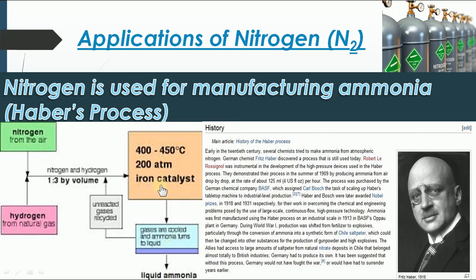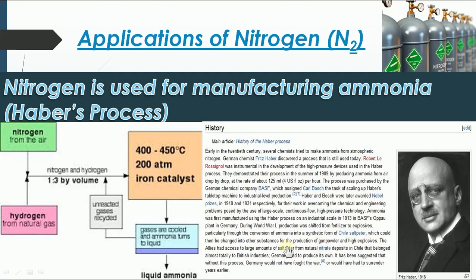So this is a very important process. You could read a small introduction about this process. Previously this ammonia was used for urea preparation, fertilizer, to increase the nitrogen content in the soil, whereas nowadays it is used in gunpowder and high explosives.